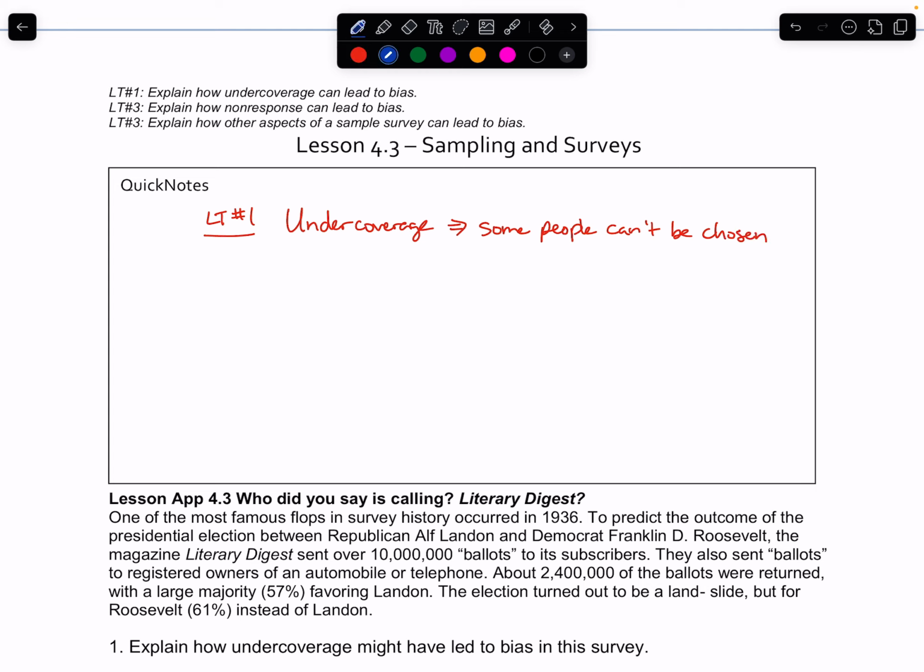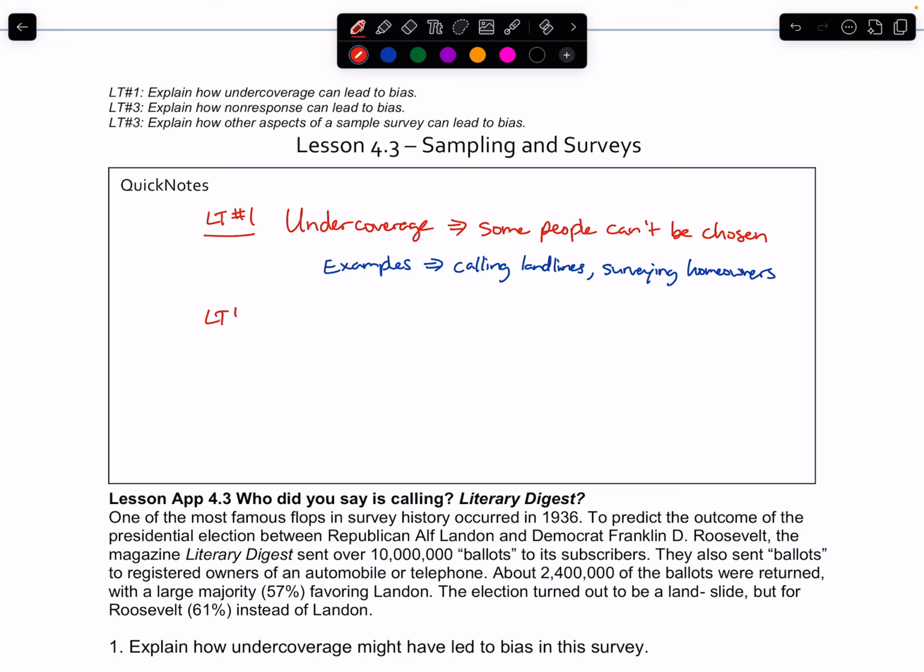And some examples of this are calling landlines, let's say we're surveying homeowners, right? Not everyone owns a home. Some people rent a home, some people rent an apartment. Okay, so like the fact that we're just doing homeowners can mean that there's several different types of people that aren't chosen. Okay, so we might not get a full set of data.